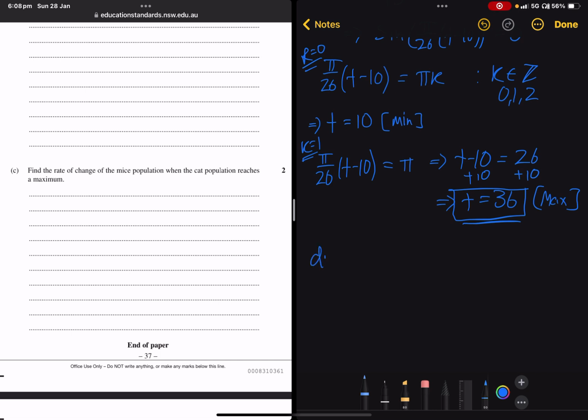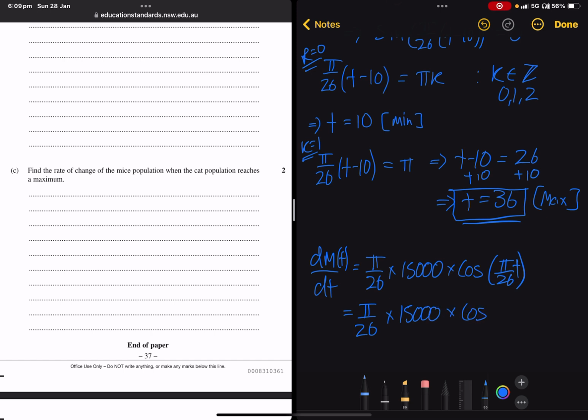So dM(t)/dt will be equal to pi on 26 times 15,000 times cosine of pi on 26 times time. Now we have to let time equal 36. This gives us pi on 26 times 15,000 times cosine of 36 pi on 26.